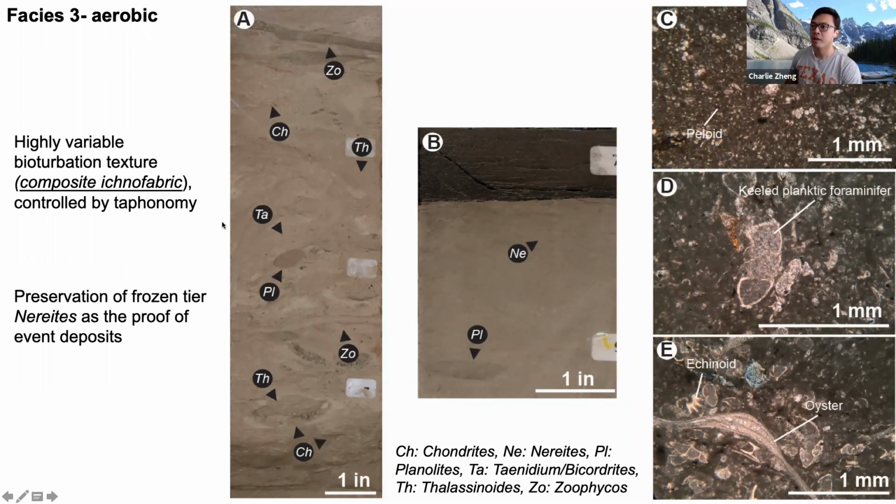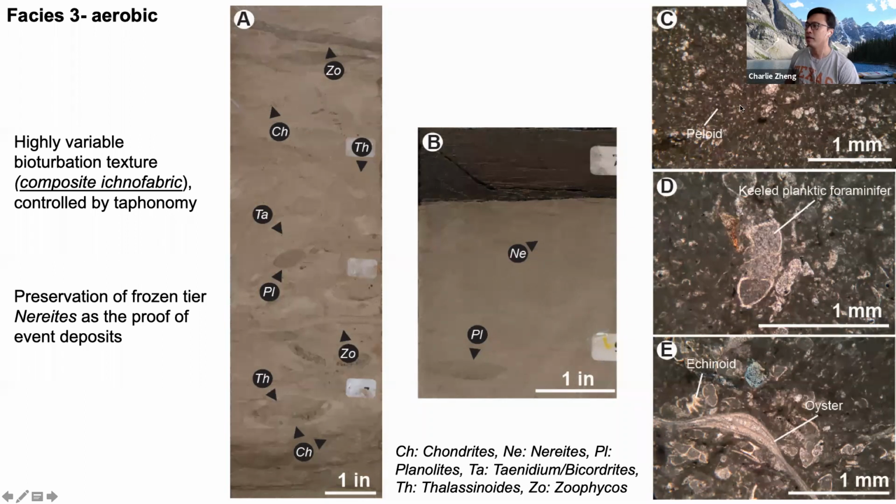So it will make every piece of rock look different because of that. The preservation of the shallow tier is really low, but occasionally you can find it underneath the event bed. That tells us these event deposits are pulses that shut down the bioturbation and then preserve all these frozen shallow tier burrows.